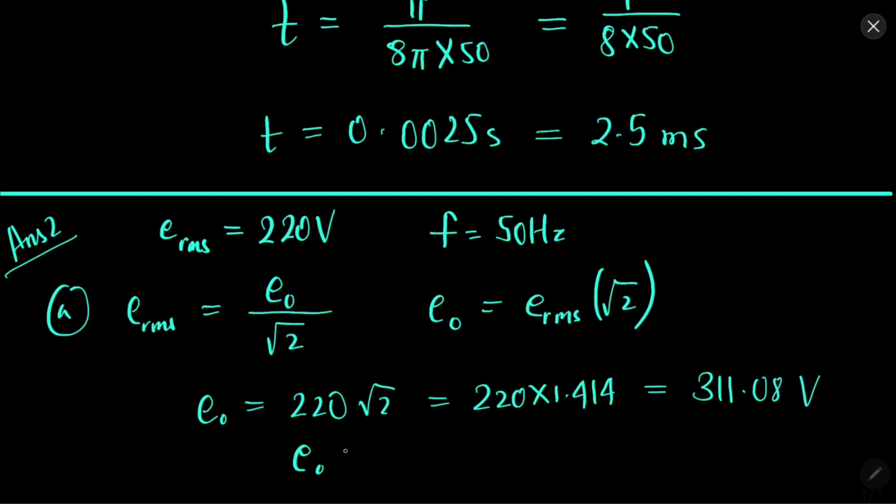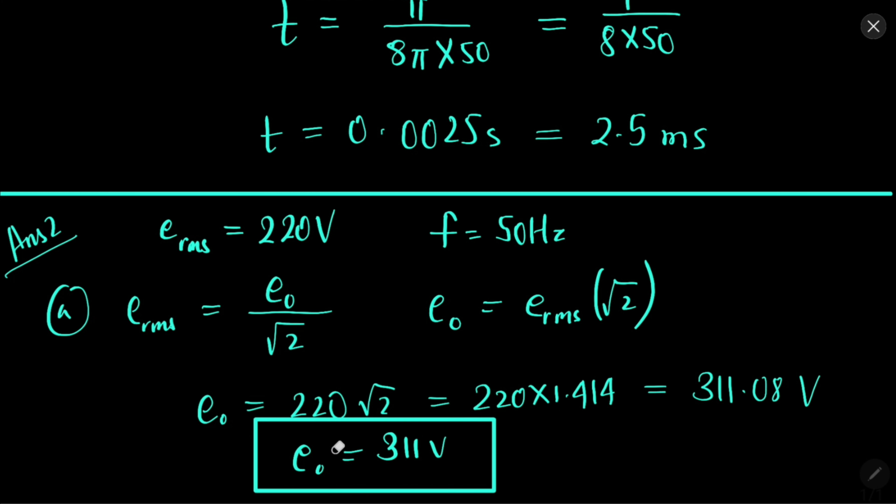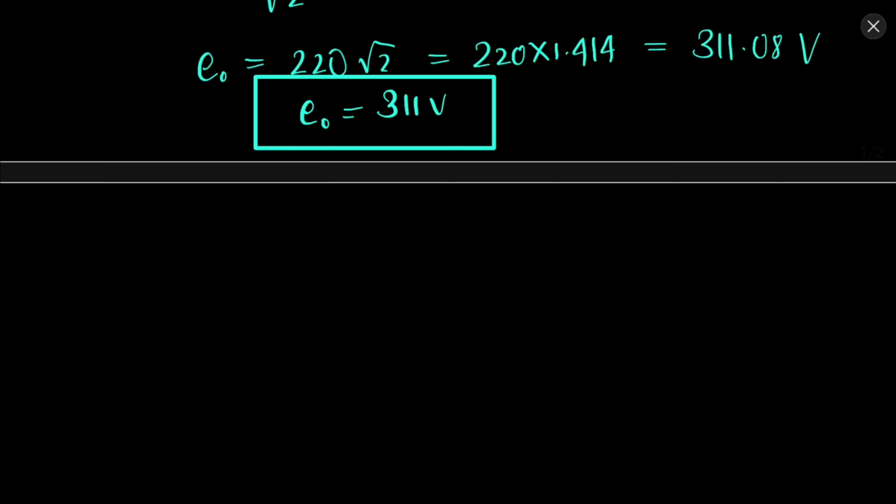So approximately E naught or the peak value will be 311 volt. When you say that the voltage at your house is 220 volt, it means the RMS voltage is 220 volt, but the maximum value it can go up to is plus minus 311 volt approximately.